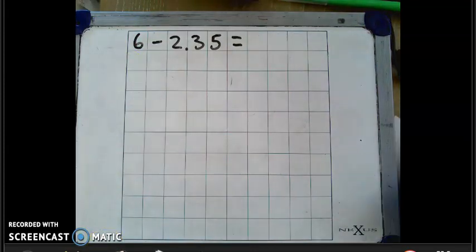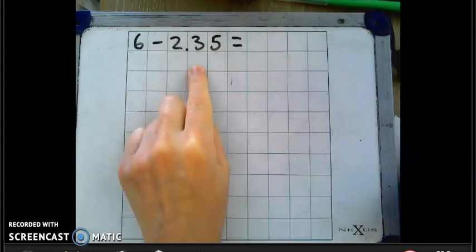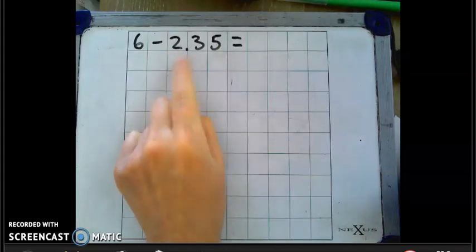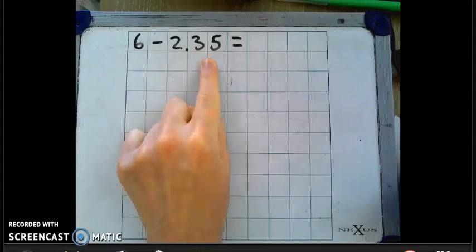Method 2 is counting on from the decimal number to the next whole number. Well, the next whole number after 2.35 is going to be 3. The decimal part of this number is 35, and that shows us 35 hundredths.